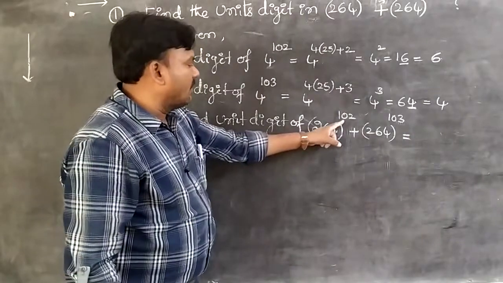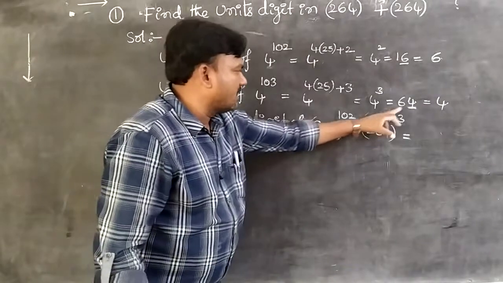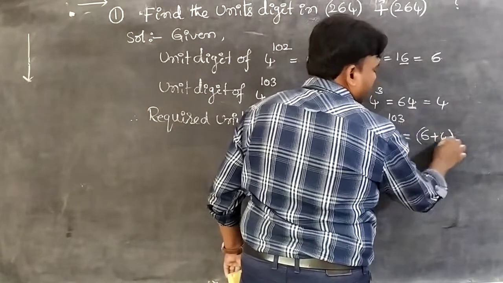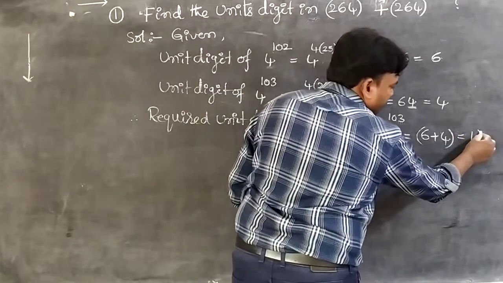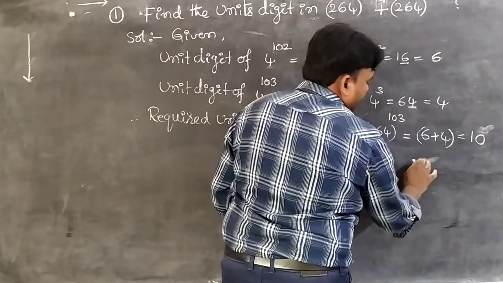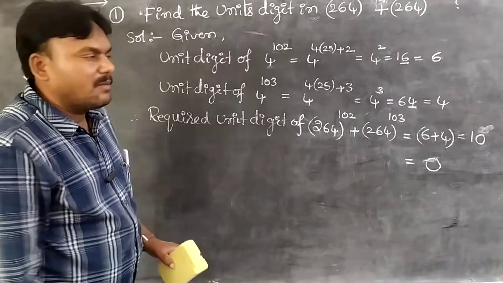Okay, 264 whole power 102 unit digit is nothing but 6. And again, this value nothing but 4. It becomes 6 plus 4. 6 plus 4 value how much? 10. So in 10, what about the unit digit? 0. So that's why unit digit equal to 0.